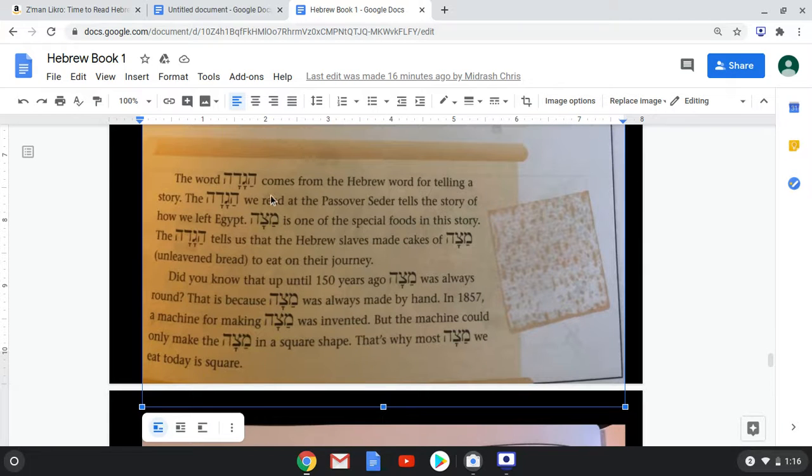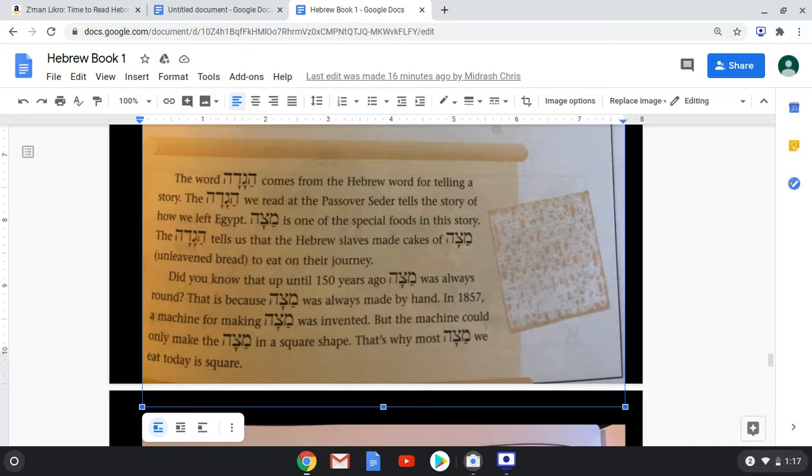It says the word Haggadah comes from the Hebrew word for telling the story. The Haggadah we read at the Passover Seder tells the story of how we left Egypt. Matzah is one of the special foods in this story. The Haggadah tells us that the Hebrew slaves made cakes of matzah, unleavened bread, to eat on their journey.